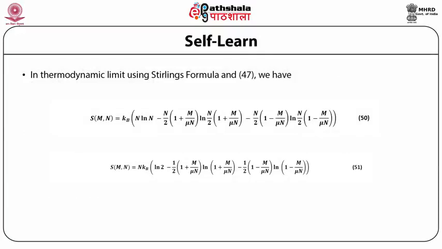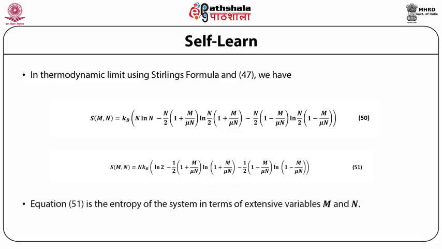S(M,N) is equal to kB multiplied by [N log N minus N by 2 multiplied by (1 plus M divided by μN) multiplied by log of N by 2 (1 plus M upon μN) minus N by 2 multiplied by (1 minus M upon μN) multiplied by log of N by 2 multiplied by (1 minus M by μN)], or S(M,N) is equal to N kB multiplied by [log 2 minus half (1 plus M upon μN) log (1 plus M upon μN) minus half multiplied by (1 minus M upon μN) log (1 minus M upon μN)].